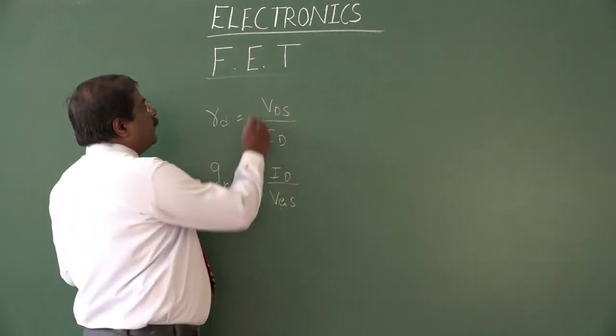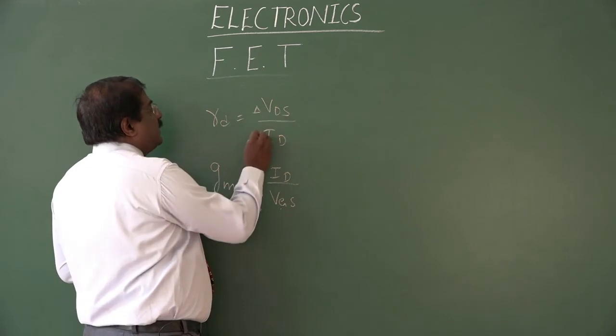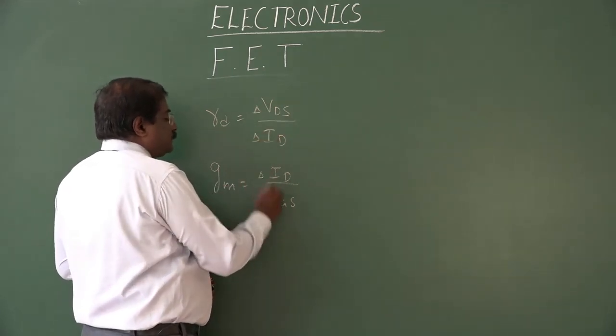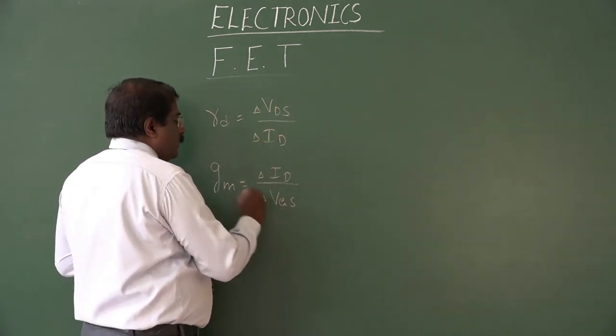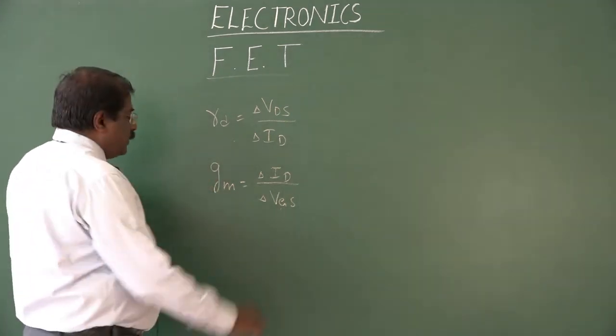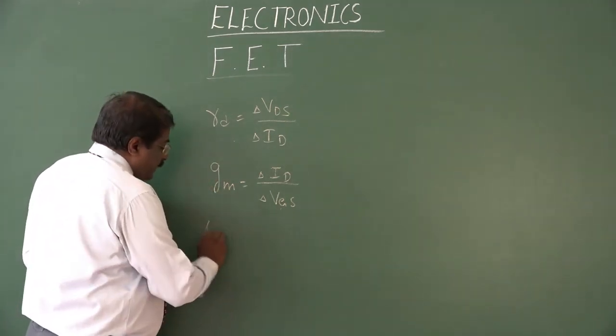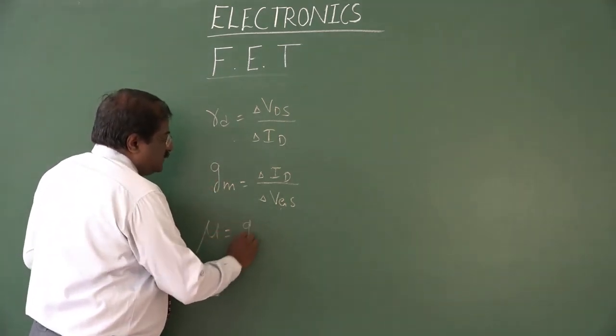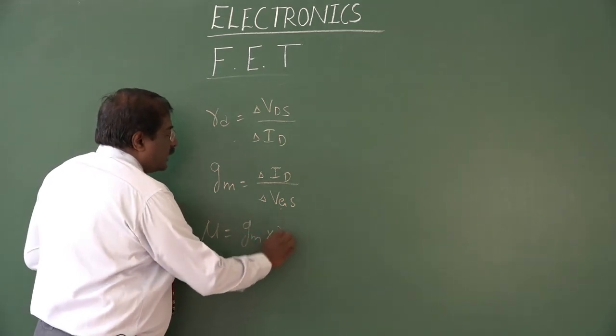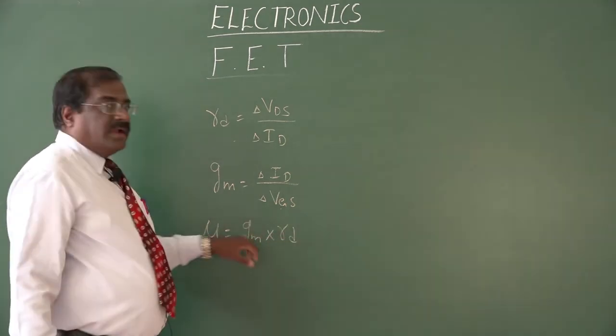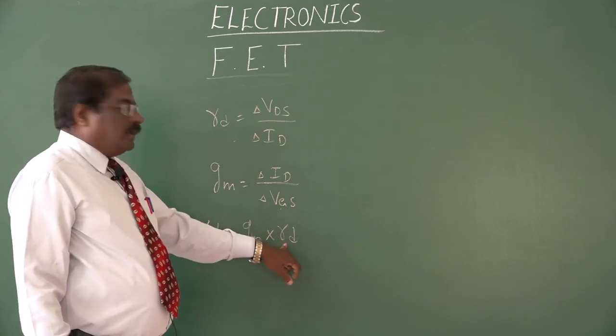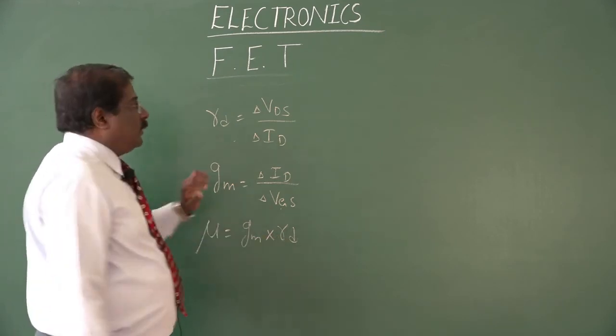It is a small proportion, for that reason we take the delta. And the important one is the amplification factor mu, which equals GM into RD, the product of transconductance and drain resistance.